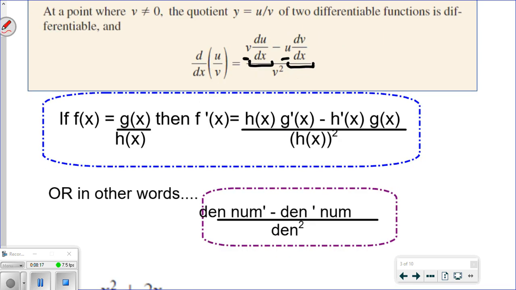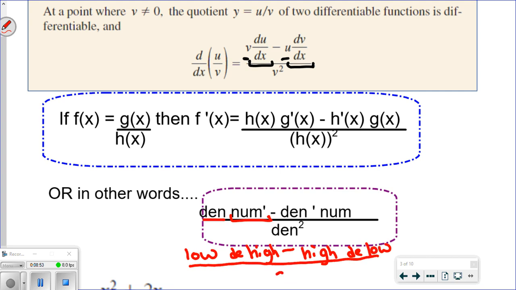And then this is the little saying that we use in my class. So it's low, D high. So D means derivative. So low, derivative of the numerator, minus high, D low. Draw a line and square what's below.